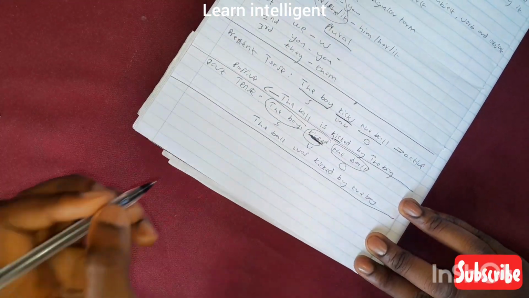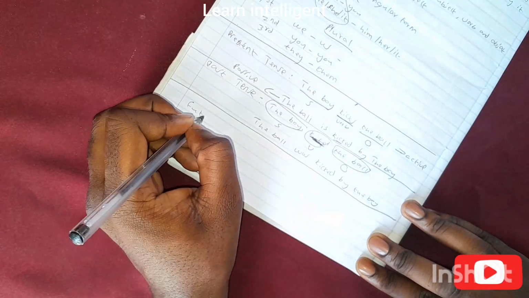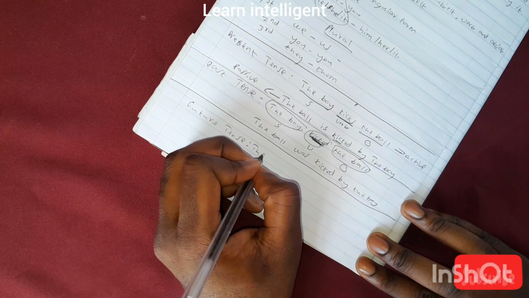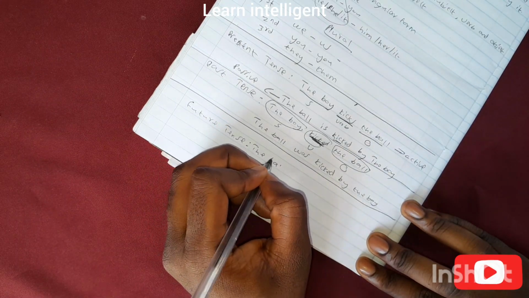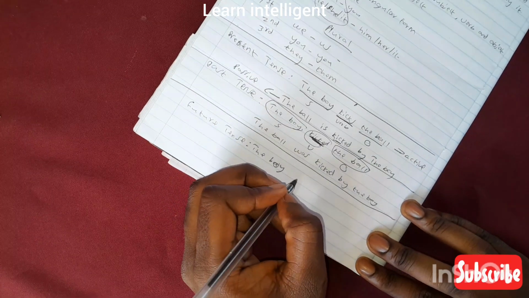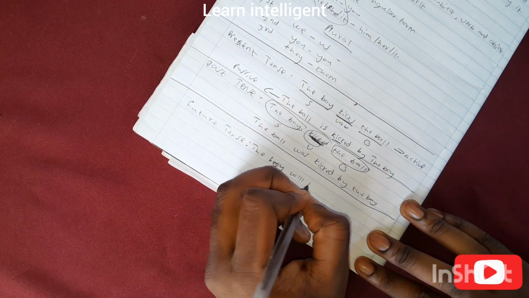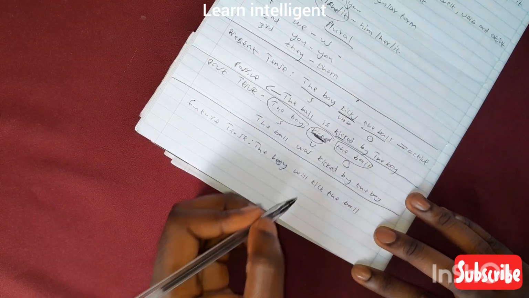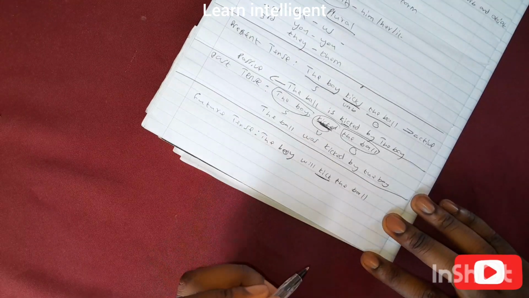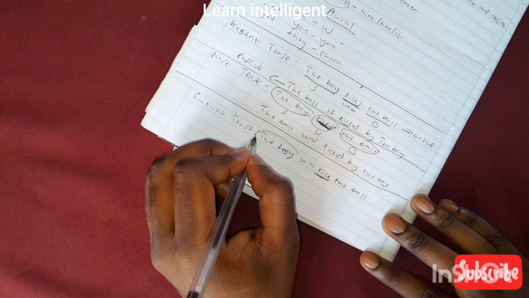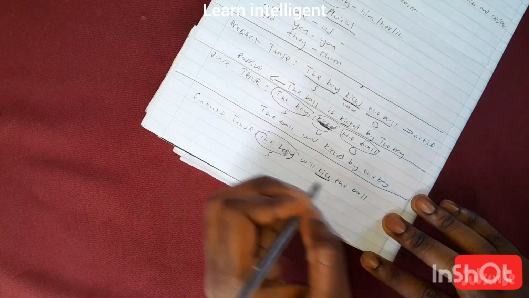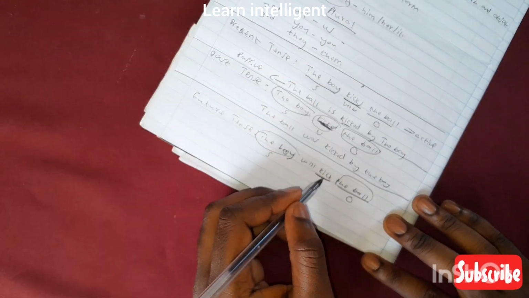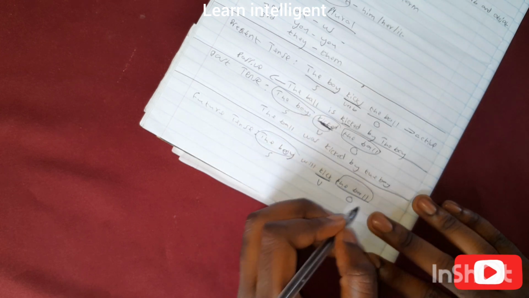Then what if our sentence is in future tense? The boy will kick the ball. Firstly, we underline our verb. The boy is our subject, kick is our verb, and the ball is our object.